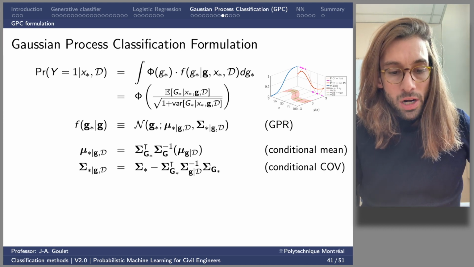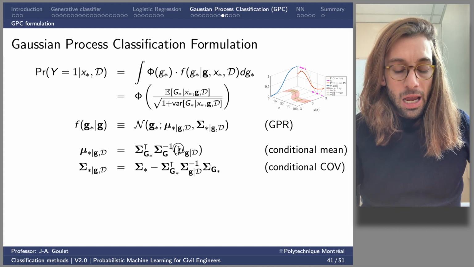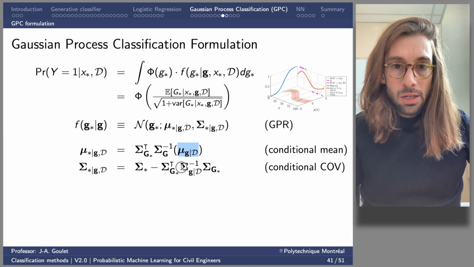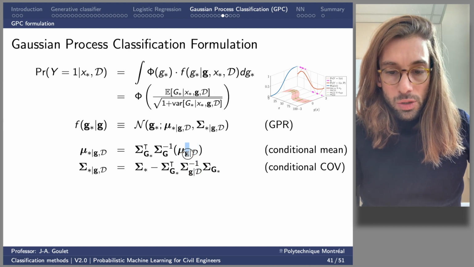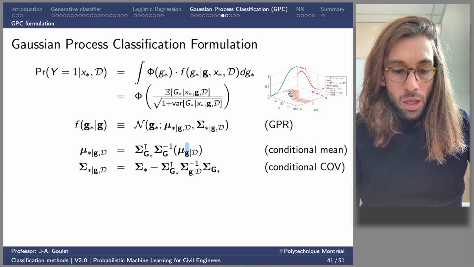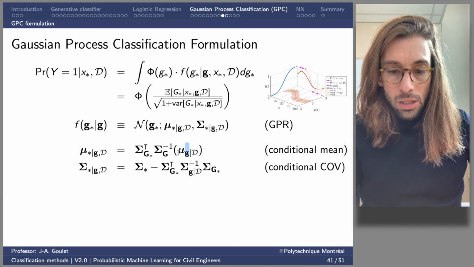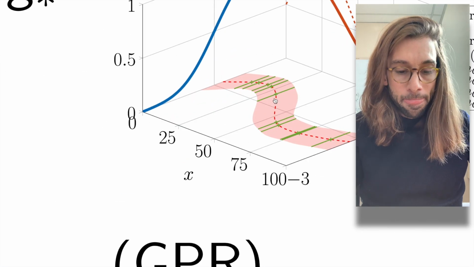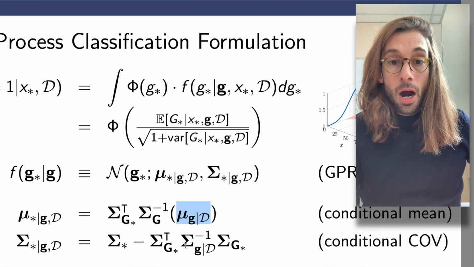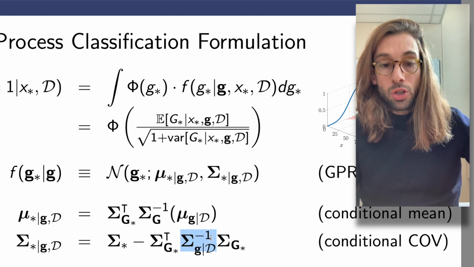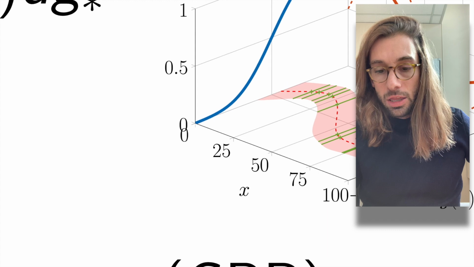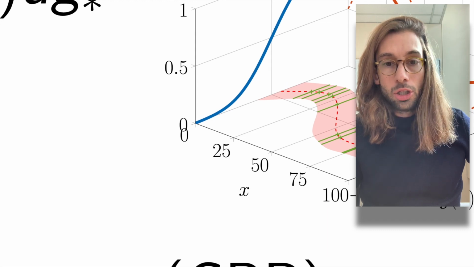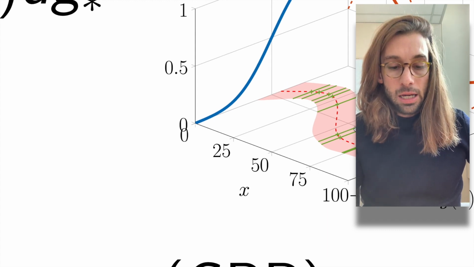We don't know what is the expected vector and the covariance matrix for the latent observed variable, those that are in green here. So this here is the green dots, the green crosses you can see here. And if we look at the marginal, so the square root of the term on the diagonal of that matrix, is what is represented by the green lines you can see here, okay?